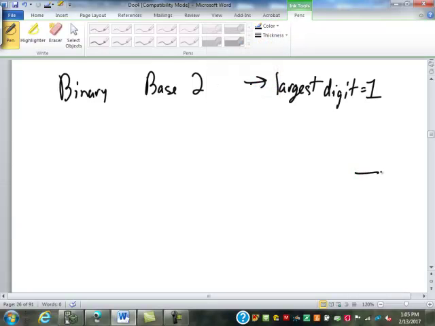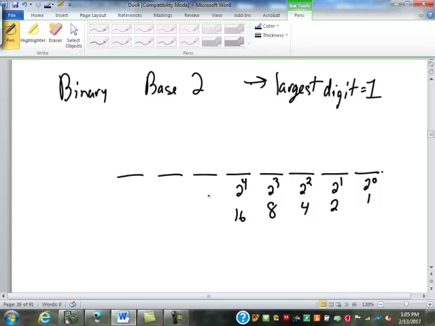So then our place values, well, in a byte, there are 8 bits. So you've got 2 to the 0, which is 1. 2 to the 1 is 2. 2 to the 2 is 4. 2 to the 3rd is 8. 2 to the 4th is 16. 2 to the 5th is 32. 2 to the 6th is 64. 2 to the 7th is 128. And it can keep going.